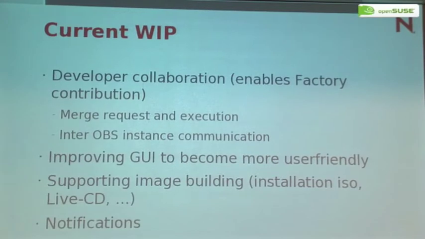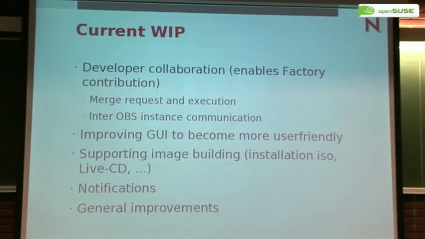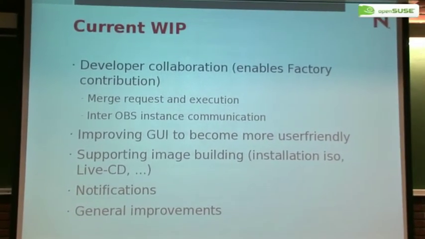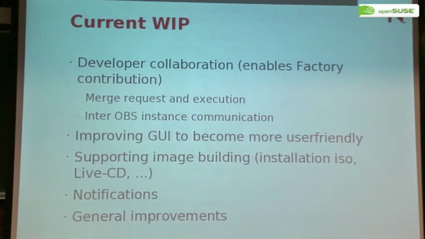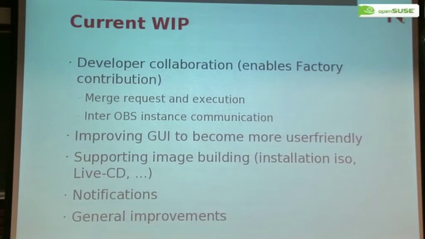What we are working on at the moment is to improve the collaboration system, so that more people really work better together, and especially to contribute also directly to our upstream distribution. Factory is our upstream distribution. For several reasons, we do not want to allow everybody to write directly to our upstream distribution, because, for instance, we need a trusted distribution.